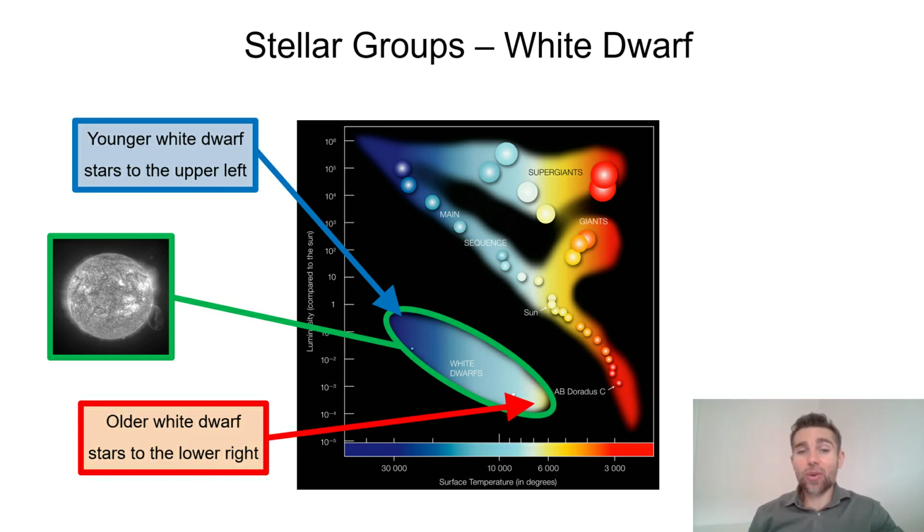So it will start out on the upper left of the white dwarf group, hot and luminous, and then over time it's going to slowly cool down, and it's going to work its way down to the bottom end of the white dwarf group. Then, give it enough time, it's going to end up as a red dwarf, but not the same as a main sequence red dwarf, because it's going to keep cooling and keep cooling. That will take an enormous amount of time, and then it will eventually just cool down until it's not emitting in the optical part of the spectrum anymore.